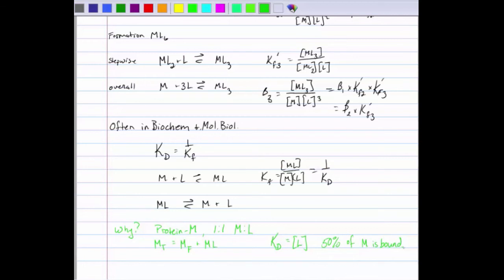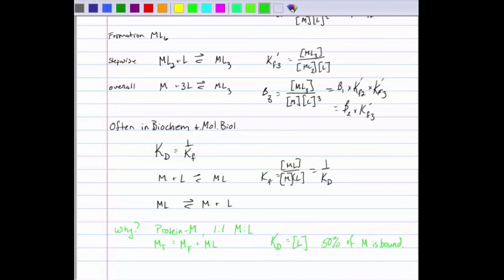And they basically can just talk, that way they can talk about concentrations of ligands. So it's a convenience factor for biochemists. So the KD, yeah, it's just the opposite. It's just the upside down equation for KF, or it's the opposite. It's the dissociation constant for the dissociation reaction rather than the association reaction.